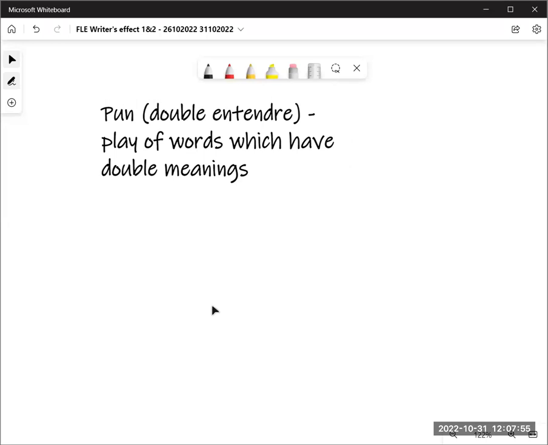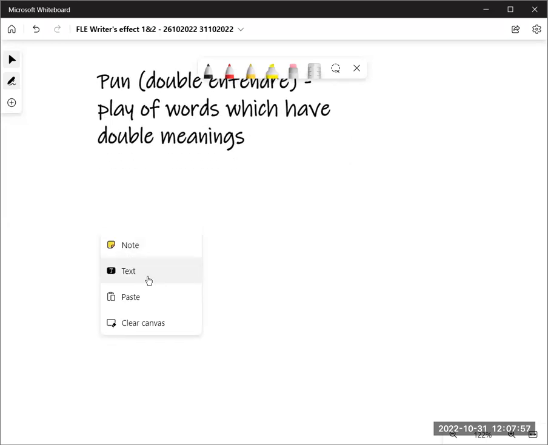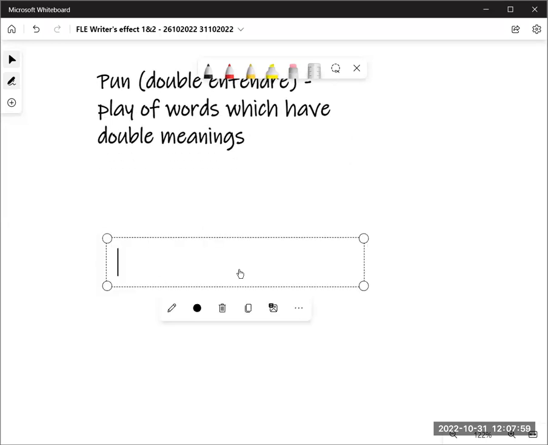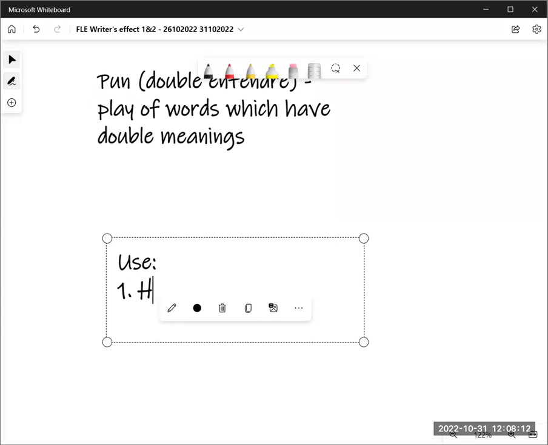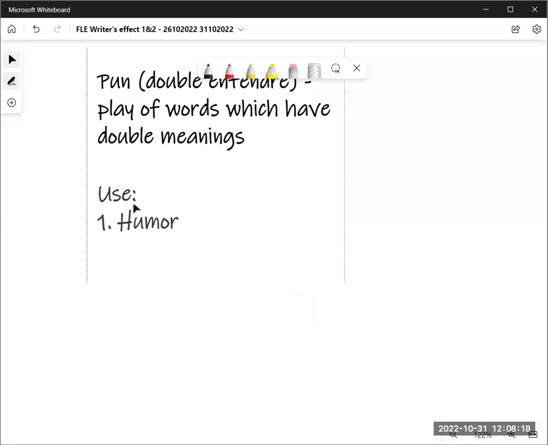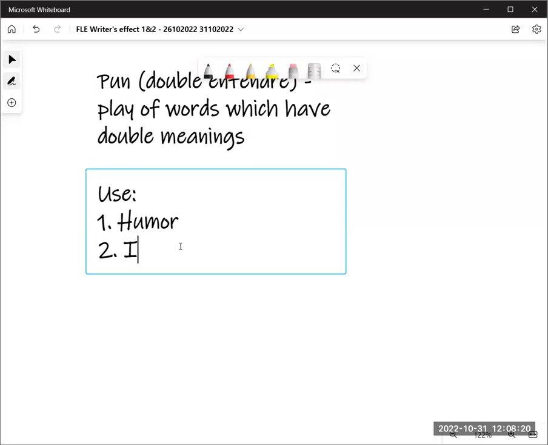Let's say we look at the use. There's a lot of it actually, especially for humor. Write that down. Second one is for irony.